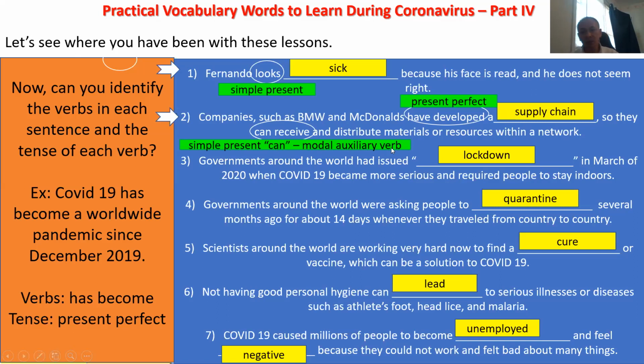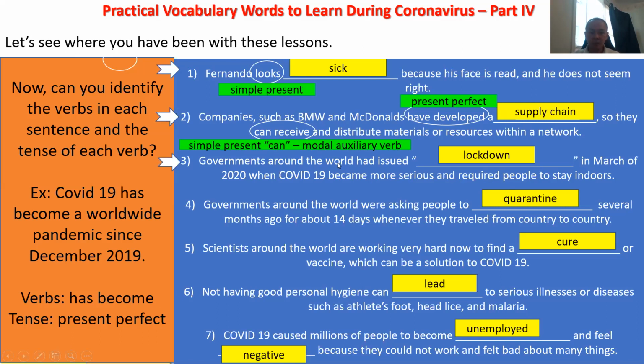Whenever you use a modal auxiliary verb, you show a purpose of the modal verb. So the purpose here is to show ability. I can sing, I can cook, I can infect, I can spread. So ability is something that is likely to happen.